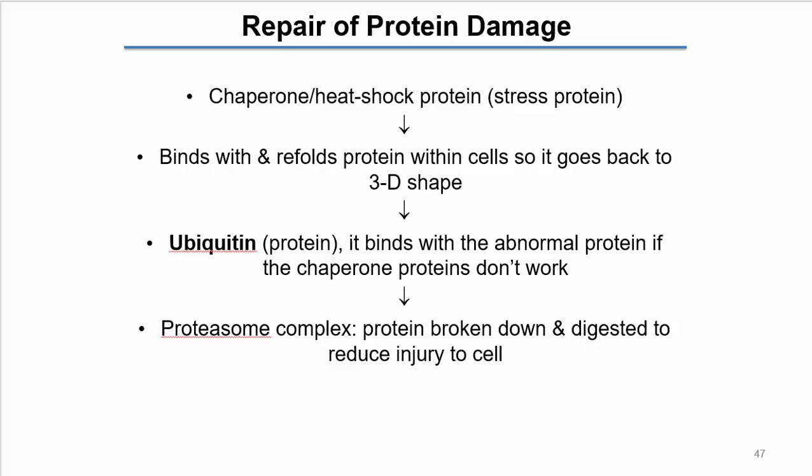If the chaperone protein can't make this protein go back to its correct shape, then another protein called ubiquitin binds to that protein and targets it for removal. And when it's bound to ubiquitin, then proteasomes, which contain proteolytic enzymes, take over, and the protein is broken back down into its amino acids, and the amino acids can be reused. And this is preventing injury to the cell.